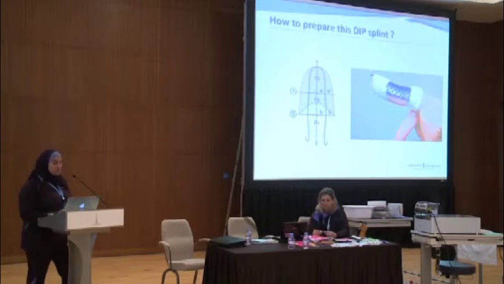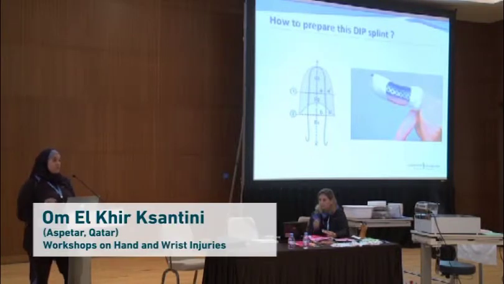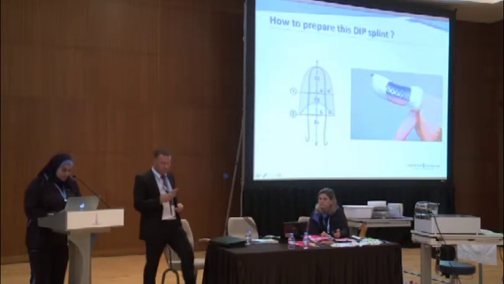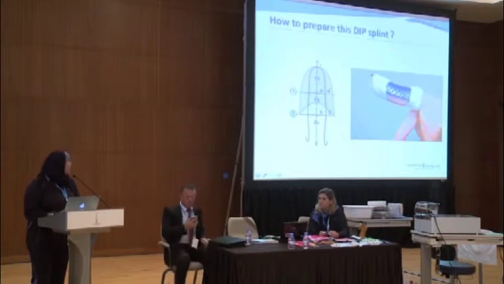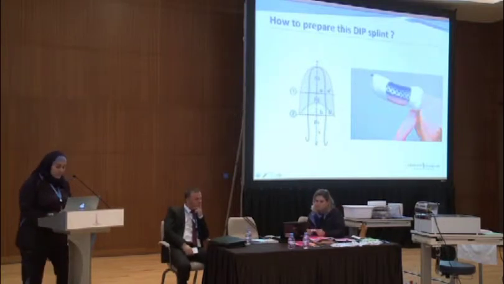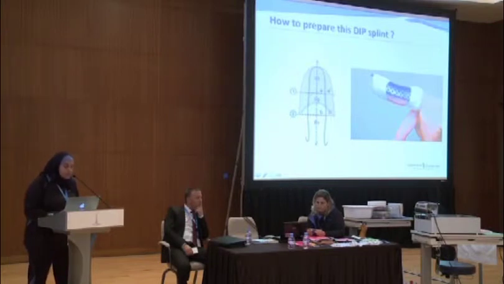When we make the splint for the patient, we first take a piece of paper. We draw the finger of the patient on the paper, and then we draw a line in the middle of the finger. First we have to mark the PIP joint and the DIP joint.